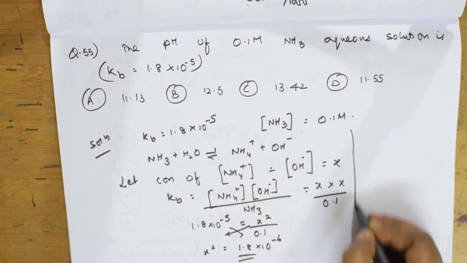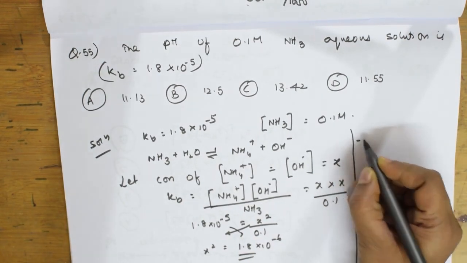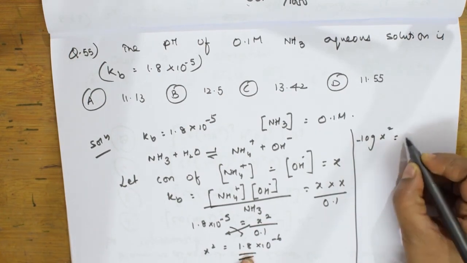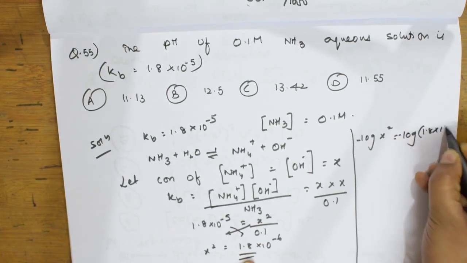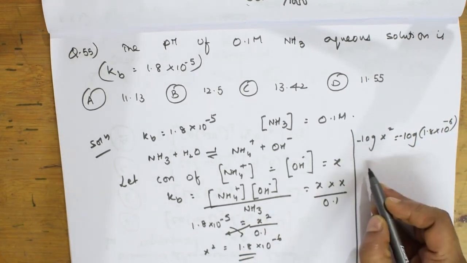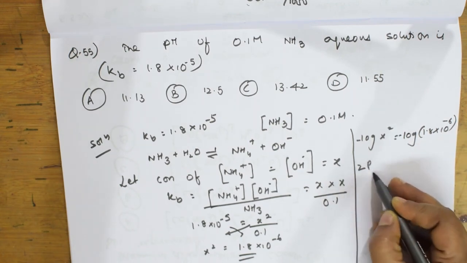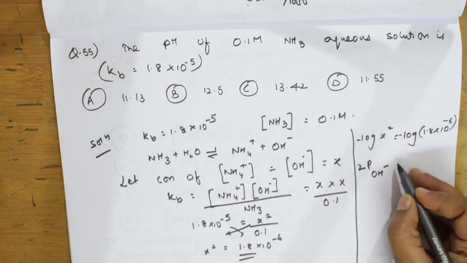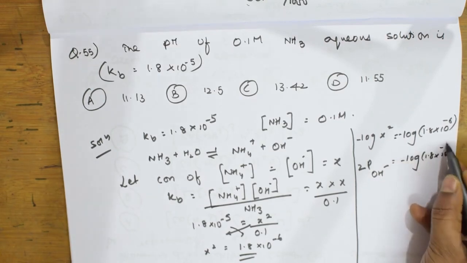Now still the sum is not complete. Let's see. Now, minus log X squared, because I'm applying log on both the sides, here also and here also, this becomes minus log 1.8 into 10 raised to the -6. Right? Well, now to find this value, 2 pOH, because we have taken OH as X, is equal to minus log 1.8 into 10 raised to the -6.